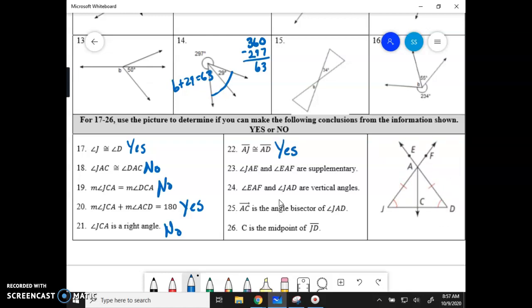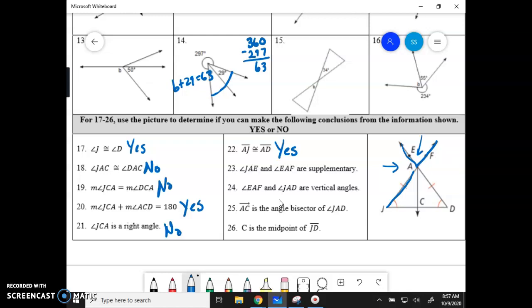Okay, how about number 23? The measure of JAE. Talking about this angle here and this angle here. Oh wait, not that angle. Sorry. EAF. EAF would be this angle. So these two angles, JAE and EAF, are these supplementary?